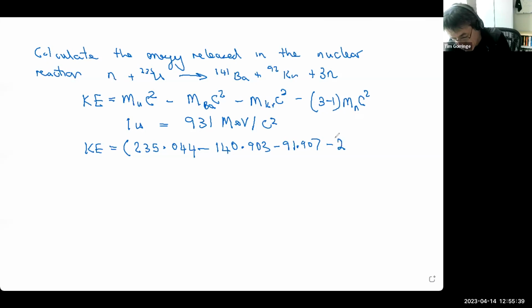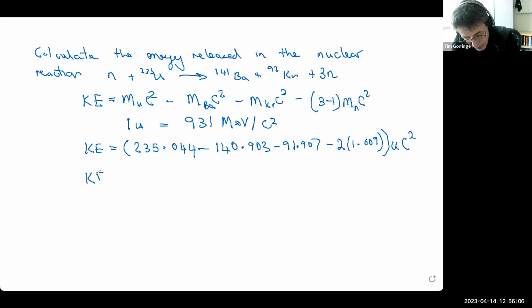So this is going to be 2 times 1.009. That's the mass of a neutron in atomic mass units. All these numbers have units of U, and are going to be multiplied by c squared.